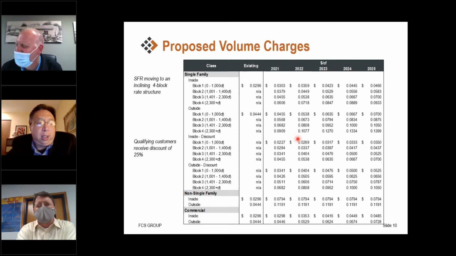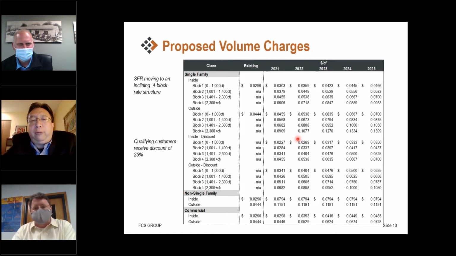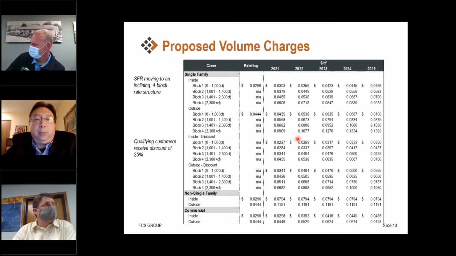I believe it is set at a specific income level that the household must demonstrate they are not going over. And there's an annual application process where your qualifying residents would need to submit paperwork along with tax returns that would prove that their household is operating within or below those thresholds.